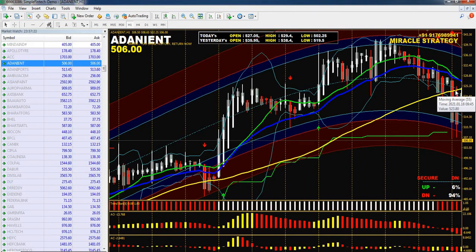Up to 525 your SL will not be cut, but when it breaks 525 at this level, it will be cut. So you can see from this entry level from 496 to 525, you got almost 30 points in a very safe way. And this is how you can get good profits from various stocks.